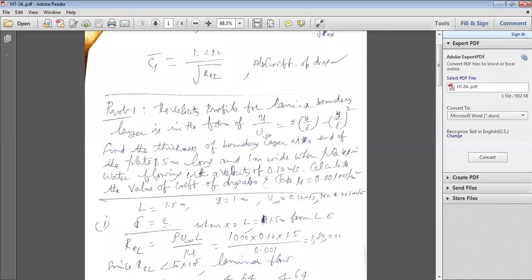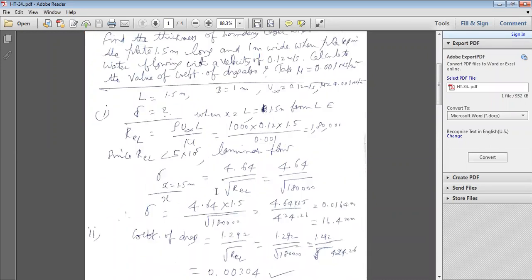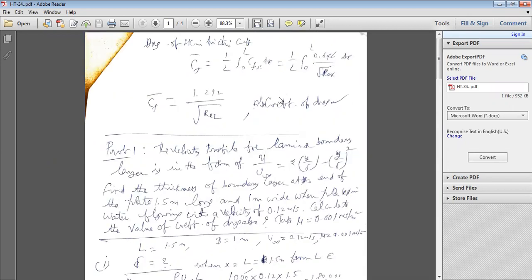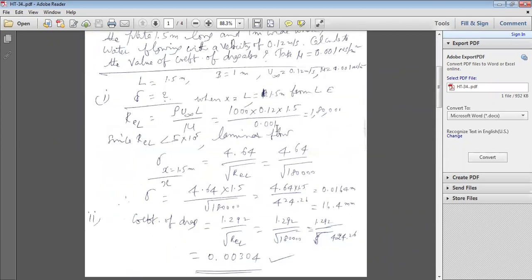Next, that is the first bit, find the thickness of the boundary layer at the end of the plate. And next, also calculate the value of the coefficient of drag. The coefficient of drag, C_F bar, the average skin friction coefficient, or you can also call it the coefficient of drag.